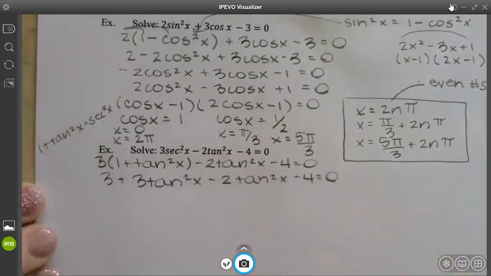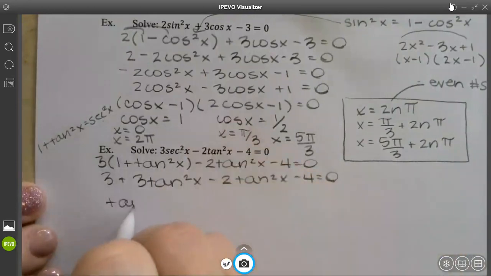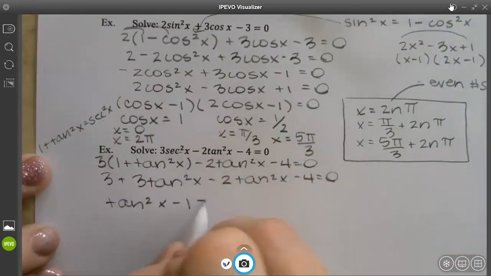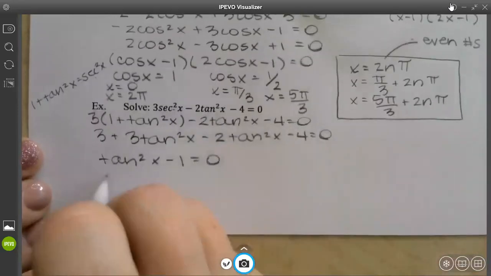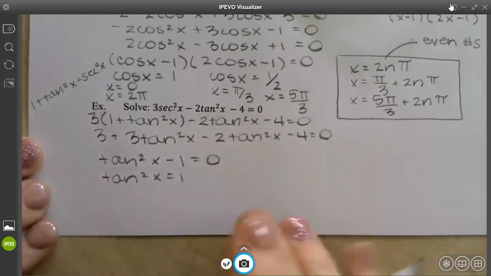What do you notice? Yeah, so these two are like terms. We can put them together. What's 3 minus 2? Just 1 tan squared x. And I heard somebody, what 3 minus 4 is? -1. How would I solve? So I get tan squared x equals 1.